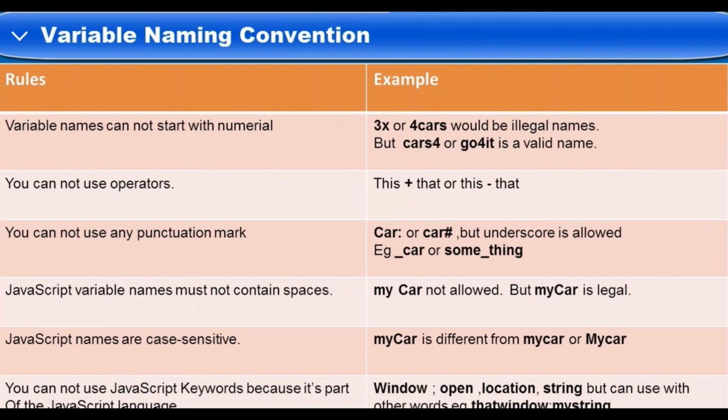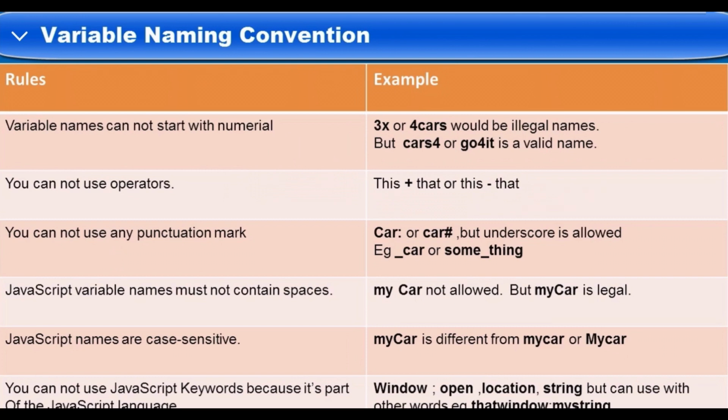You cannot use operators, either mathematical or logical operators, in variable names. For example, you can't call a variable this plus that, or this minus that, or this times that.